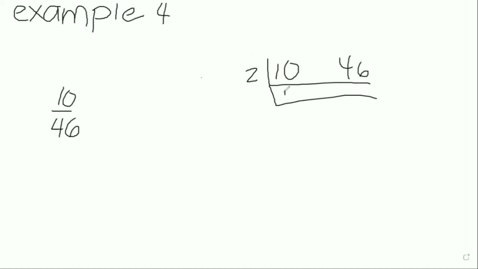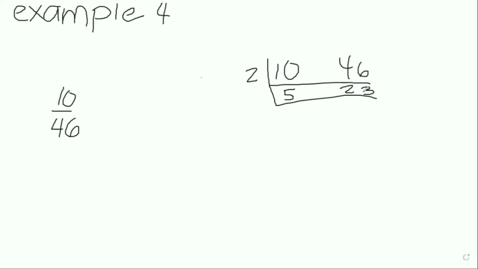Our example number 4 is 10/46. So let's look for the GCF of 10 and 46. Since they are both even numbers, therefore 2 is their common factor. So 10 divided by 2 equals 5. 46 divided by 2 equals 23.